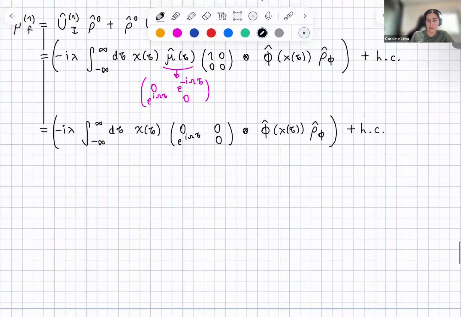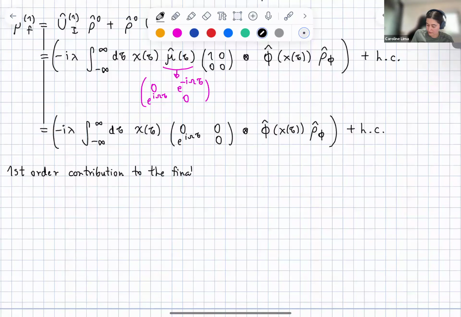So I will write the first order contribution to the detector's final state. So to the final state of the detector.